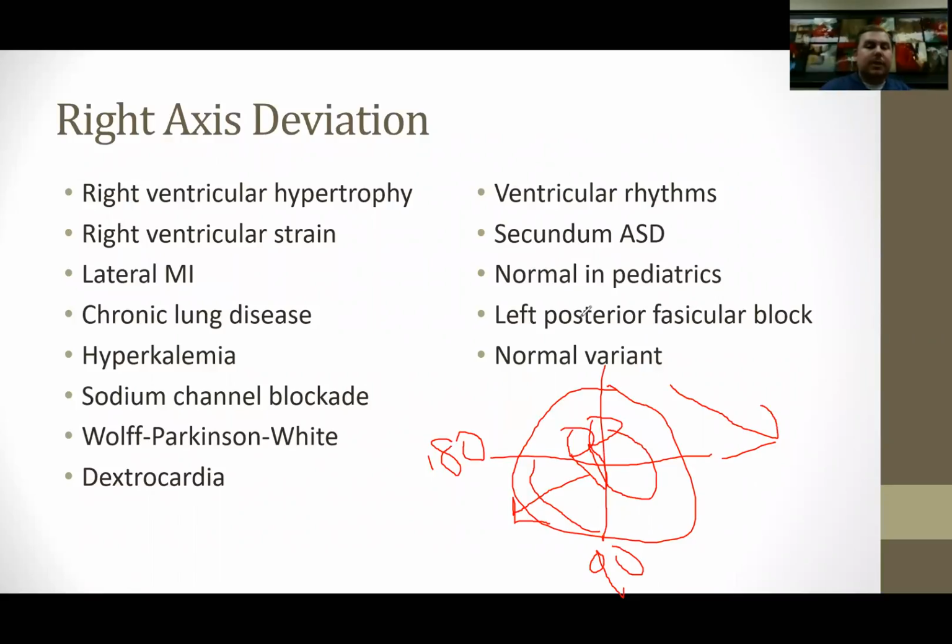So for left posterior fascicular block, lead 1 would be negative, so pointing down, and then lead 3 or AVF would be pointing up, and that's left posterior fascicular block. Well, it's not that simple. You have to rule out every other one of these differentials before you can call it left posterior fascicular block. And usually left posterior fascicular block is about 90 to 115 degrees, so it's only in a certain section of right axis deviation.